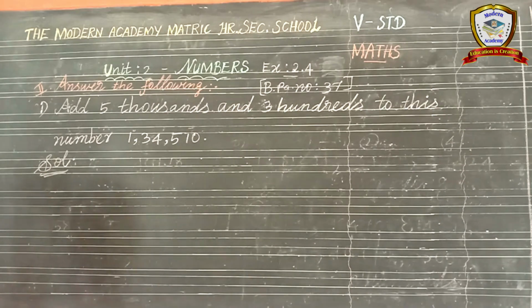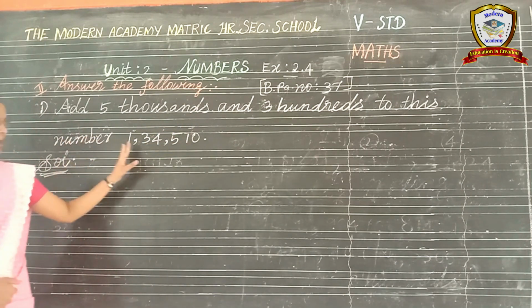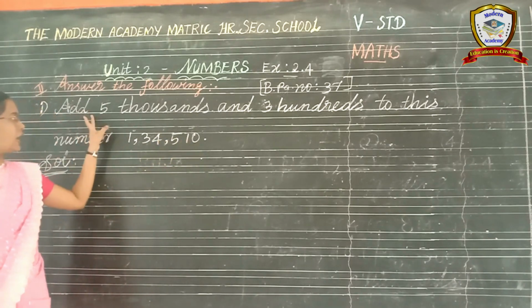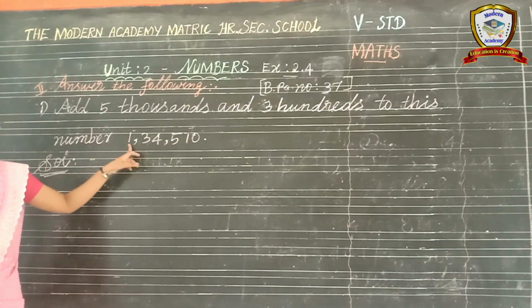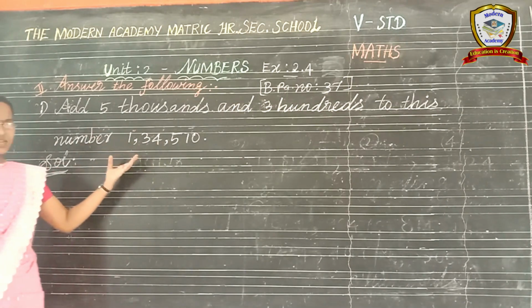Okay students, next we are going to see the second Roman I sum. Listen, add 5,000s and 300s to this number 1,34,510. What is the meaning?